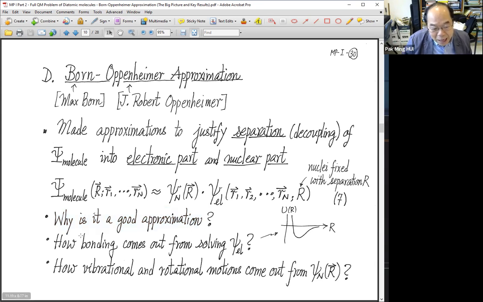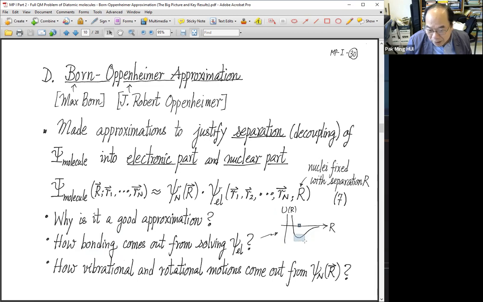And we would like to see how bonding comes out. Last time we discussed that when two things bind, we expect to see a potential energy function of this form. There is a minimum, therefore there's a preferred separation.